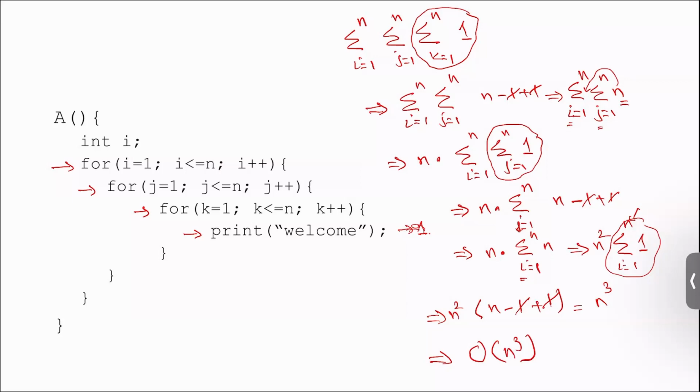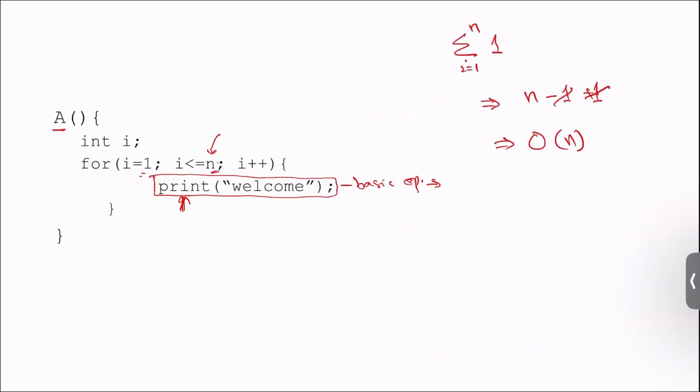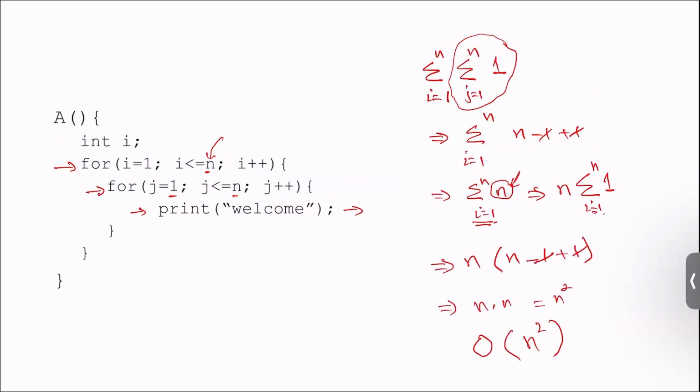Now, one thing that you should notice from here, up till this point: when there is one loop only, the algorithm takes linear time, which is O of n. When we have two loops, one nested loop, the algorithm is going to take O of n square.